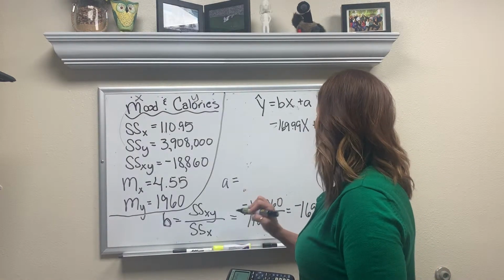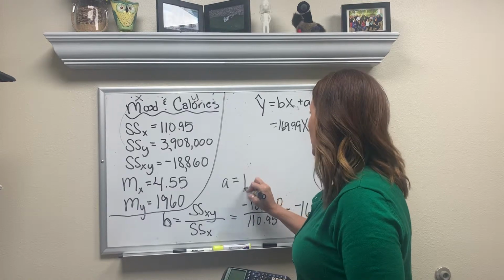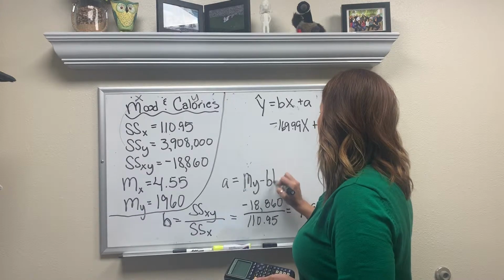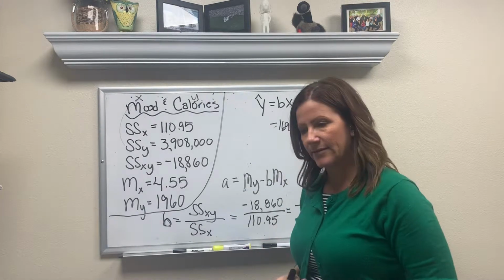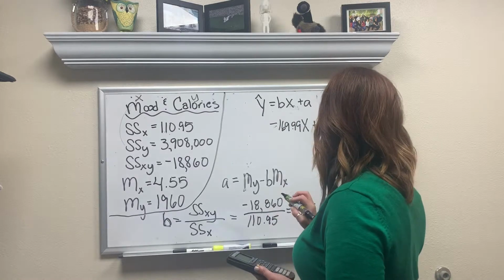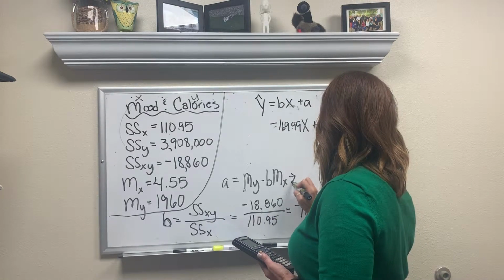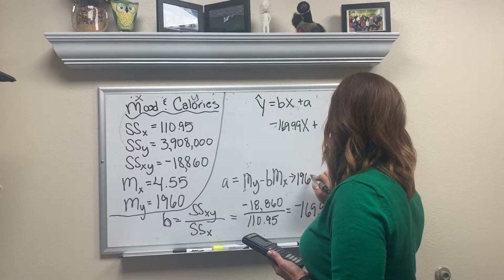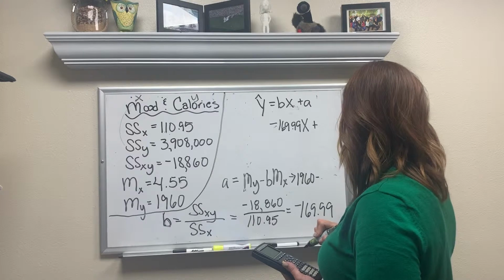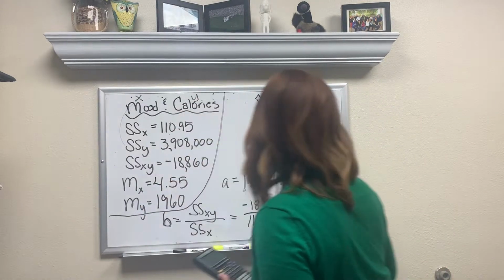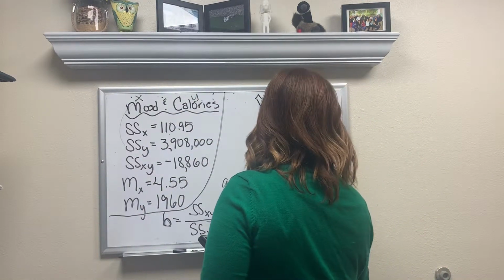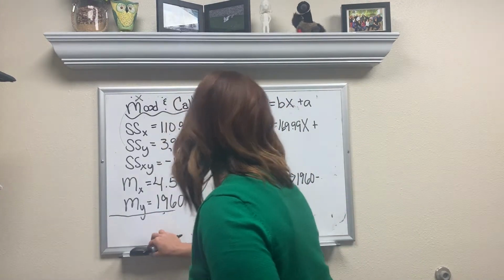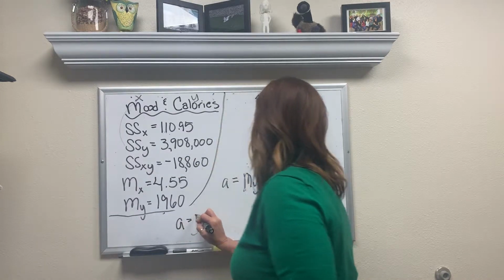So our constant, to get that, is the mean of y minus our slope times the mean of x. And so when we plug those in, the mean of y is 1960 minus, and I'm going to run out of room, so let me erase this and give myself a little bit more room.